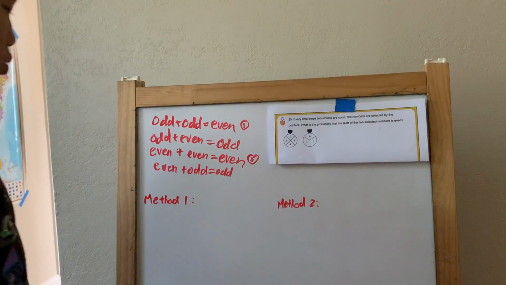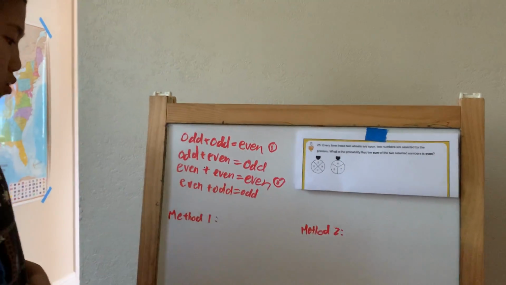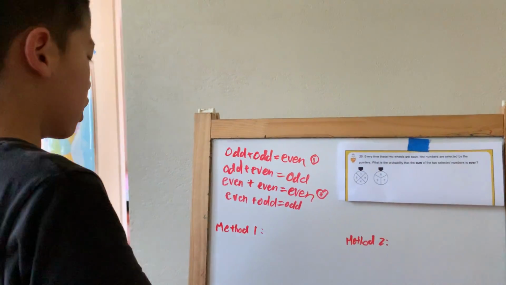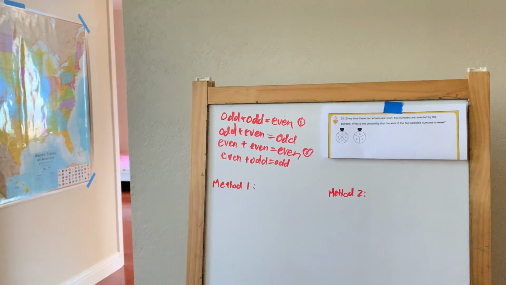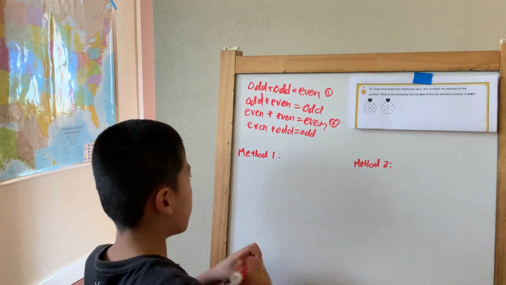Before we get into method 1, in which we're going to use some probability, we're going to need to know some background info about probability.